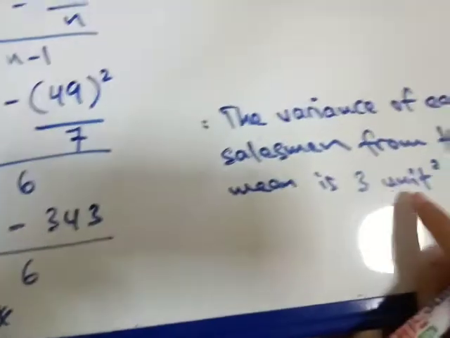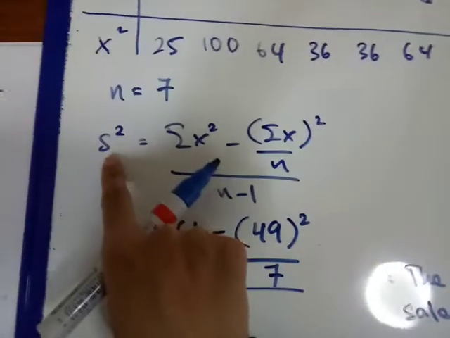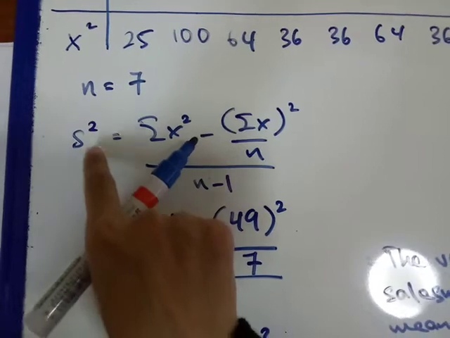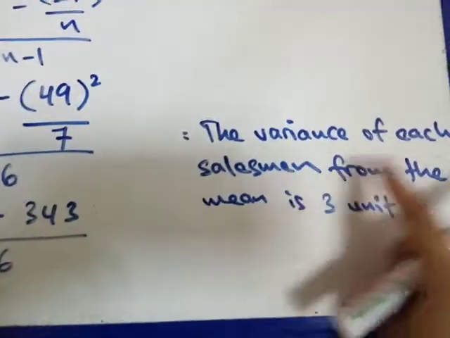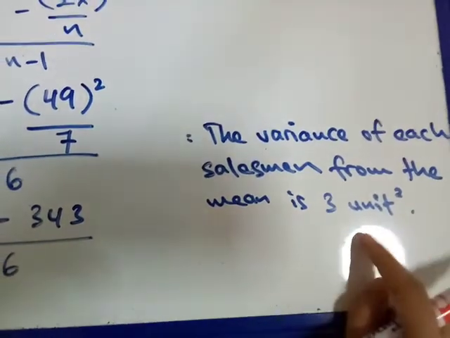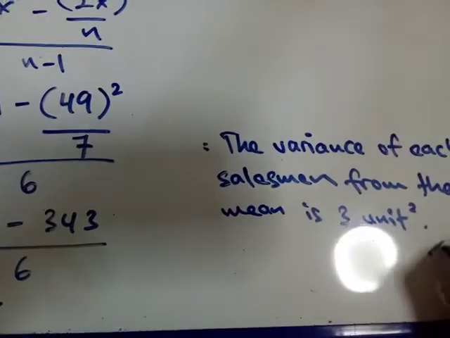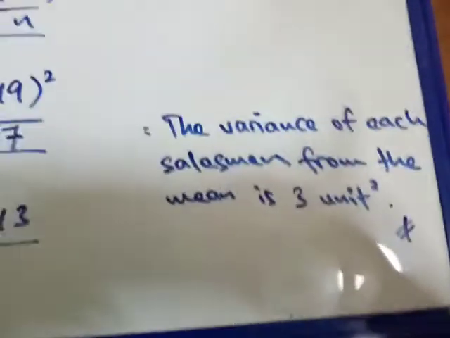Because the answer is 3 and then unit square. Why? Because we are finding the variance now, that is why it is 3 unit square. The variance of each salesman from the mean is 3 unit square. That's it. This is how to interpret.